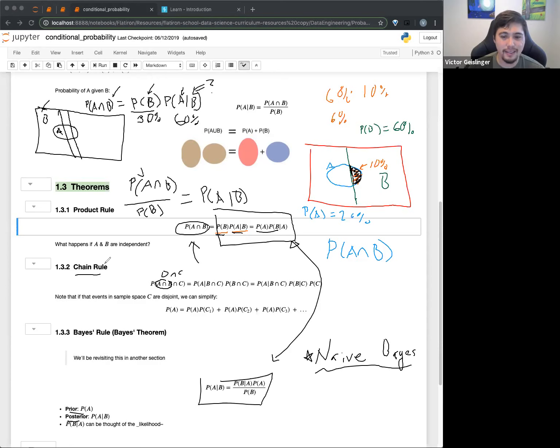I don't really like saying this is a new rule, because really it's just the same rule applied multiple times. The curriculum also shows this part, so just know that you can break it down even further. The whole point of breaking this down is so we can get to Bayes' rule, because Bayes' rule is probably what we'll likely care about.